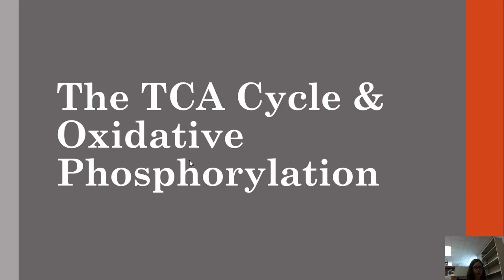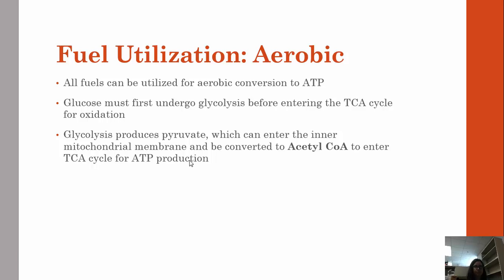Okay, now let's get into the bulk of the presentation and one that is most relevant for our topic, which is the TCA cycle and oxidative phosphorylation. So oxidative phosphorylation is the major method by which we produce ATP that we need for energy. Okay, so this process, again, requires oxygen. So all fuels can be utilized for the aerobic conversion of fuel to ATP.